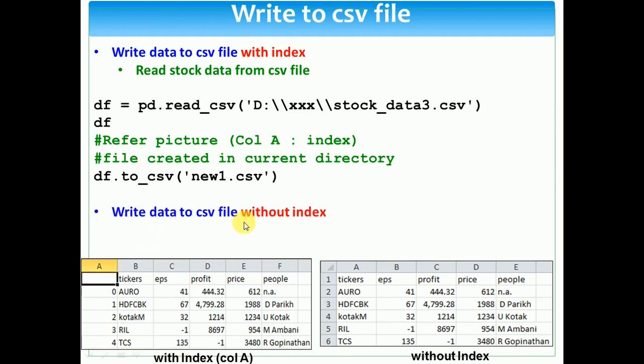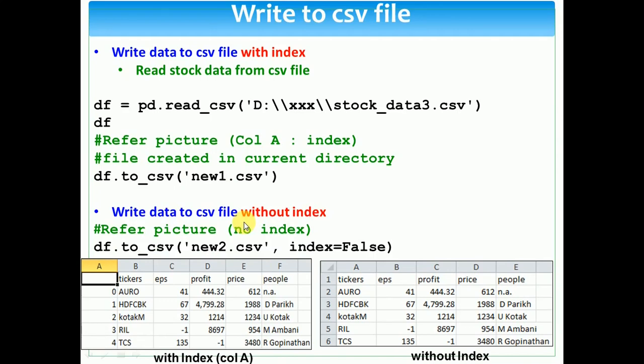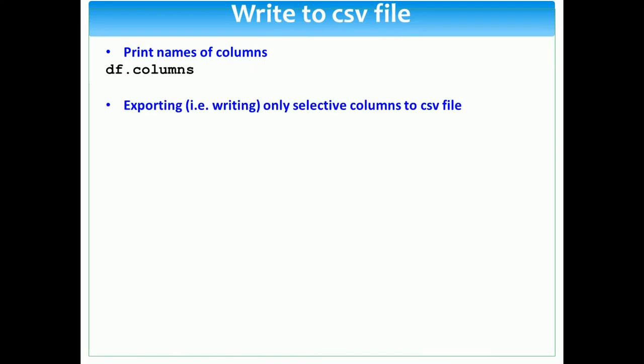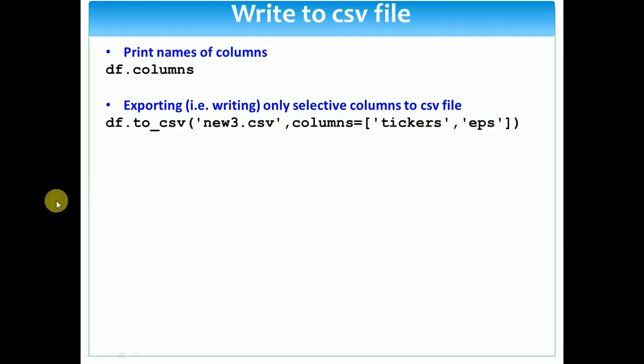If I do not want this index, or I don't like this index, then I can make use of the same function to_csv. However, I can say index is equal to false. Then I can print the names of the columns by doing df.columns. Now if I want to selectively export only particular columns, while creating a CSV file, then I can make use of the columns property when I call the function to_csv.